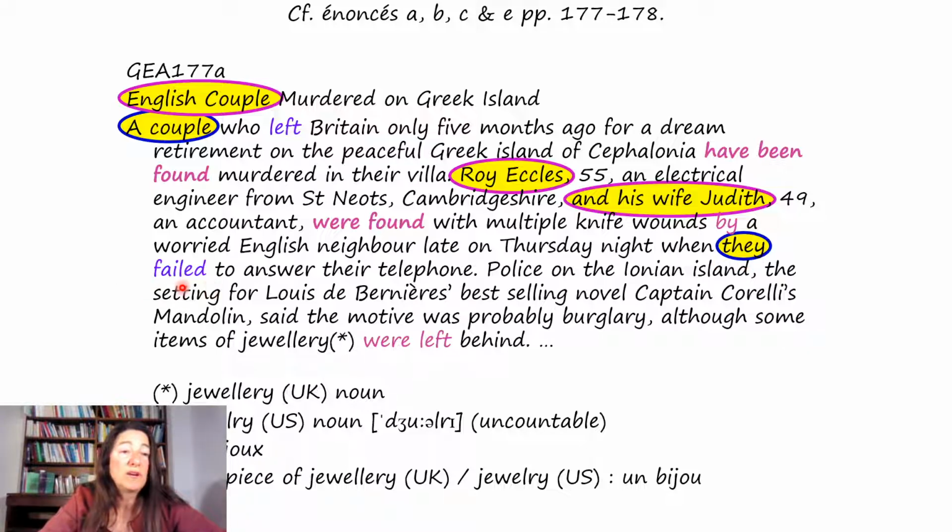These two verbs are in the active voice and these two verbs are in the passive voice. And what's the point that they have in common? Well, as you can see here highlighted in yellow, the point they have in common is the fact that this paragraph is all about this English couple. So what we're interested in is this English couple, the couple, Roy and Judith, his wife.